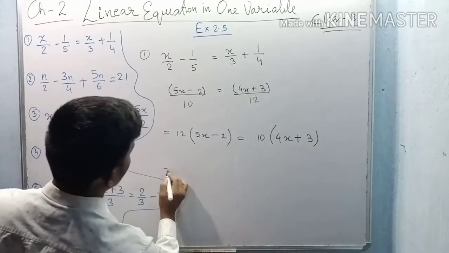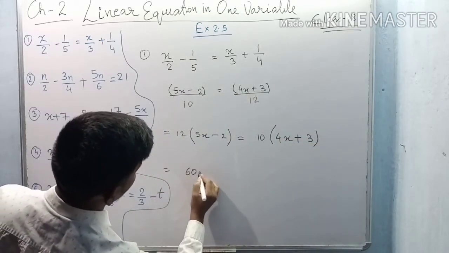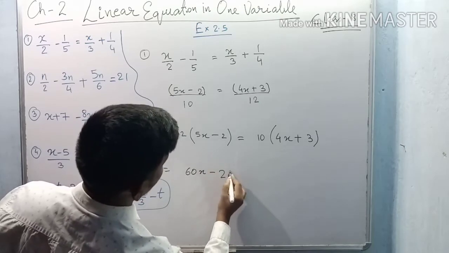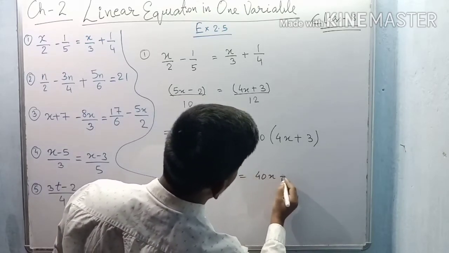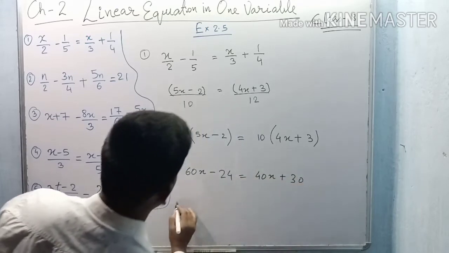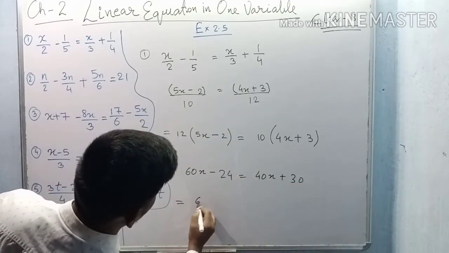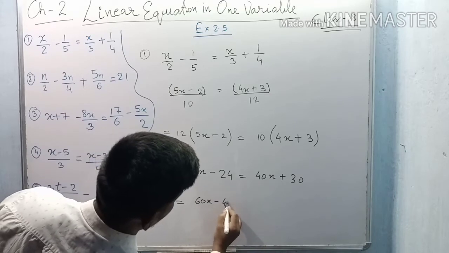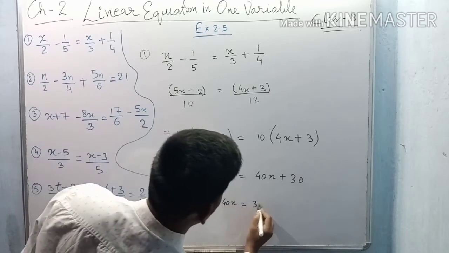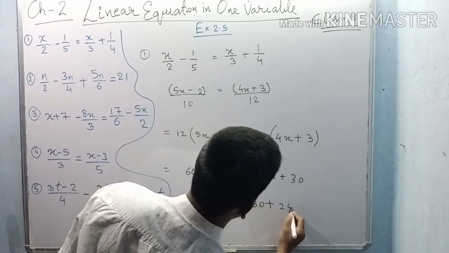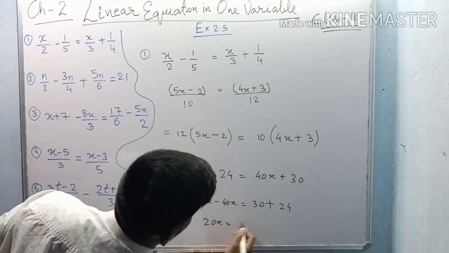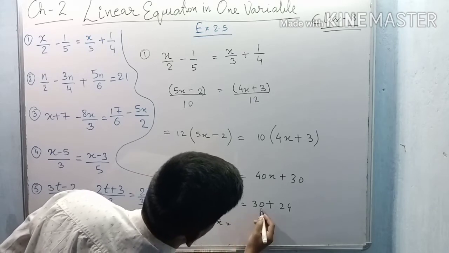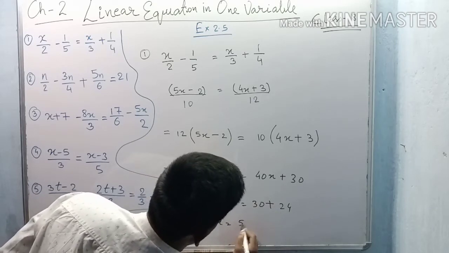Okay, so 12 fives are 60x, minus 12 twos are 24, equals 10 fours are 40x plus 10 threes are 30. तो हम लोग वेरिएबल एक तरफ और कांस्टेंट एक तरफ कर लेंगे, so 60x minus 40x equals 30 plus 24. So 60 minus 40 will be 20x and 30 plus 24 will be 54.